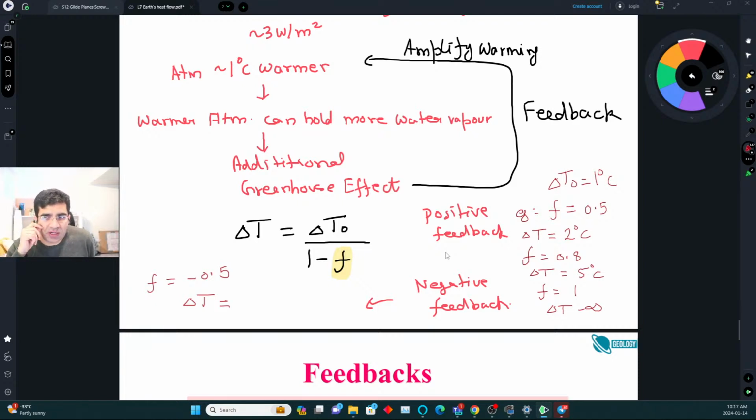Should be easy to calculate. 1 divided by 1.5, so it will be 0.6. So if the feedback is negative, your temperature increase will be less than 1 degree Celsius, which would be there in the presence of feedback.